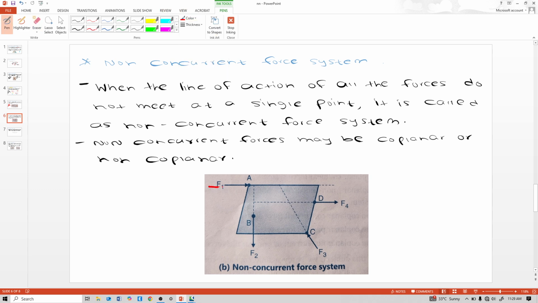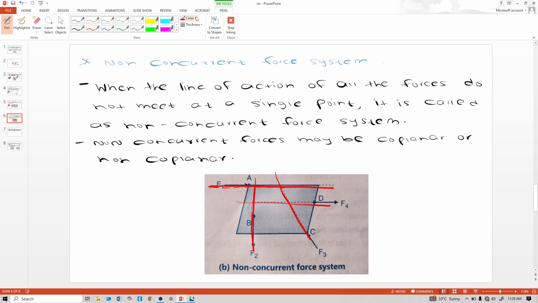So this F1 line of action is this, F2 line of action is this, F3 line of action is this, F4 line of action is this.